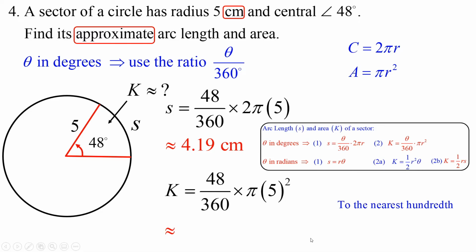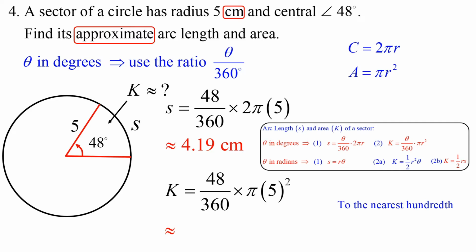Okay, so let's see. 48 divided by 360 times second pi times the 5 squared. I'm just going to put a 25 in if you guys don't mind. 48 divided by 360 times pi times 25.